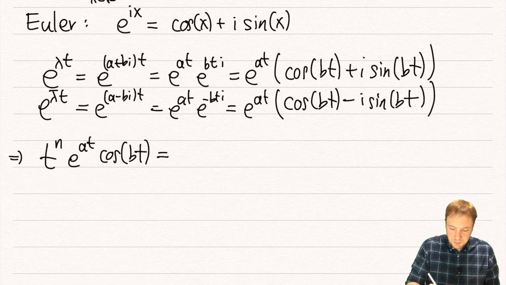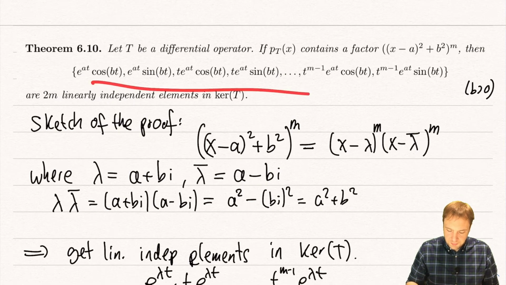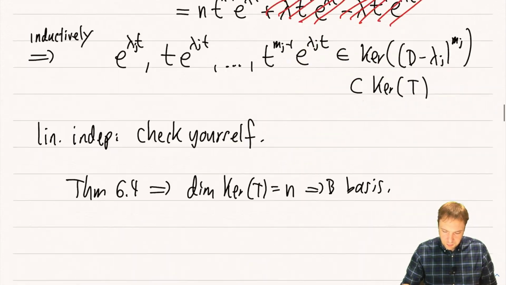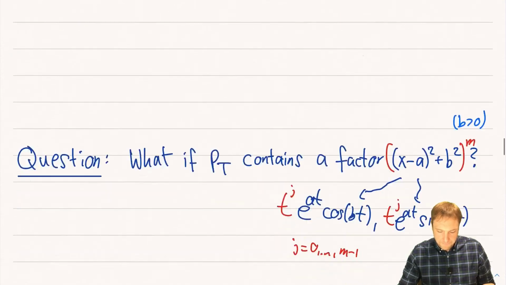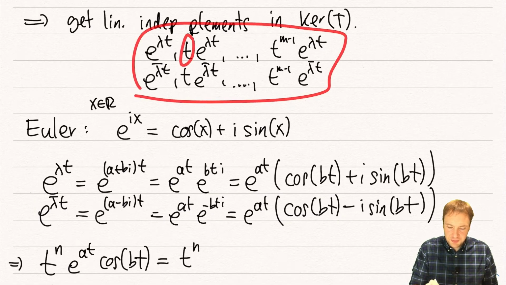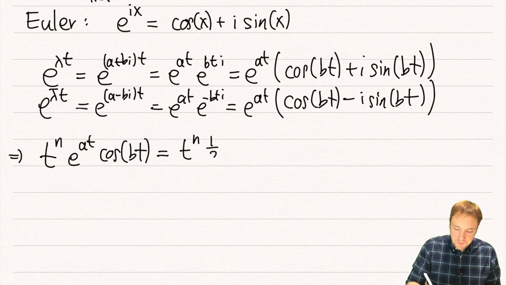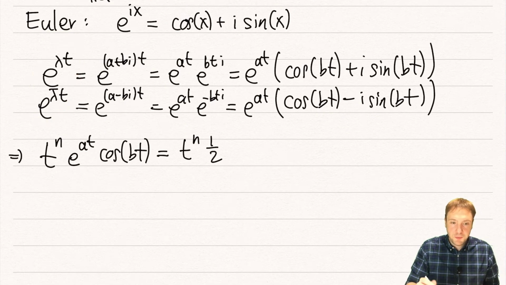So this is what I said before. So this t to the n we just multiply in front to get these functions here. So we have these functions with some t in front. And then I take 1/2 of the sum of these two.